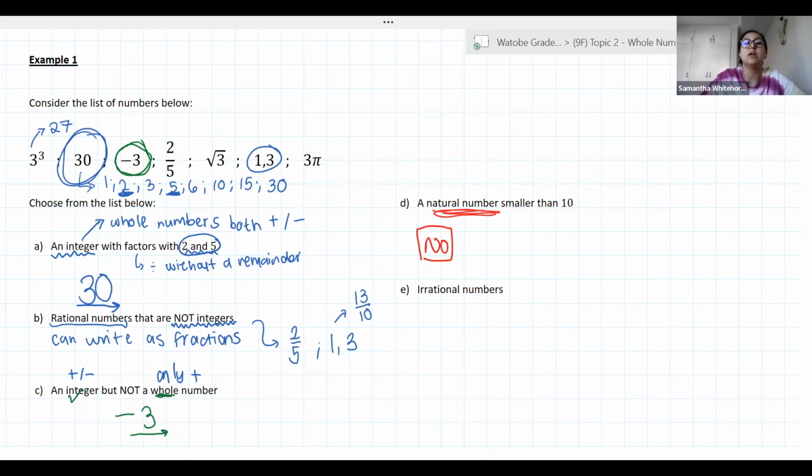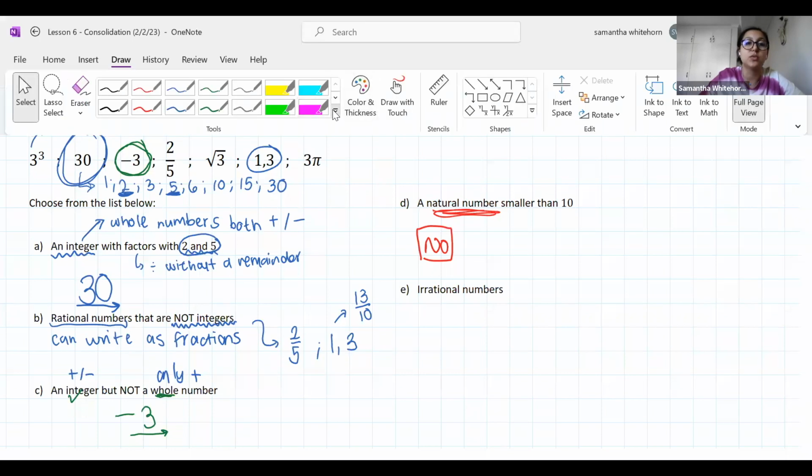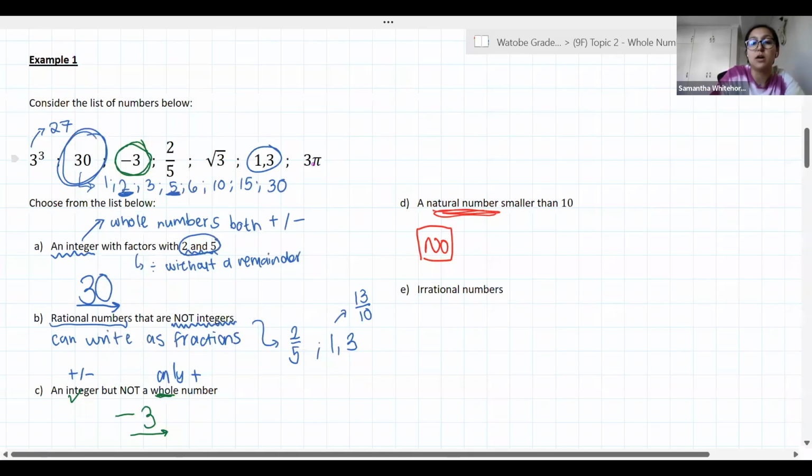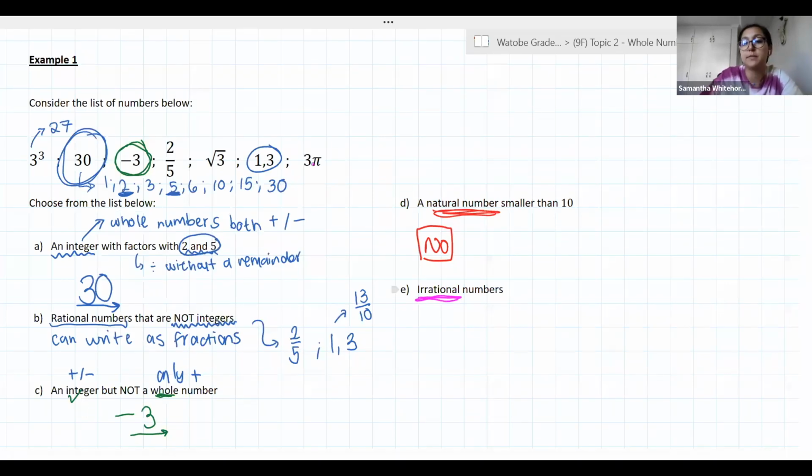Right, the last one is then asking for any irrational numbers. So before we decide which ones those are, does someone want to raise their hand and tell me what irrational numbers are? Luciba? All numbers that are not rational.